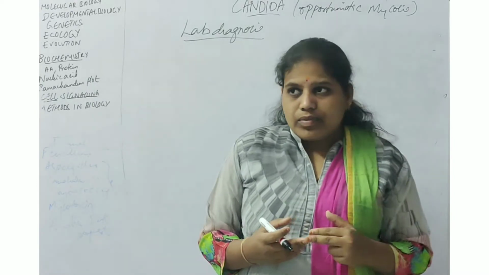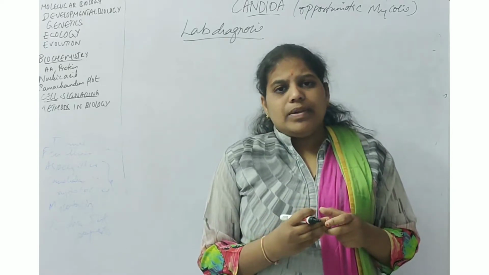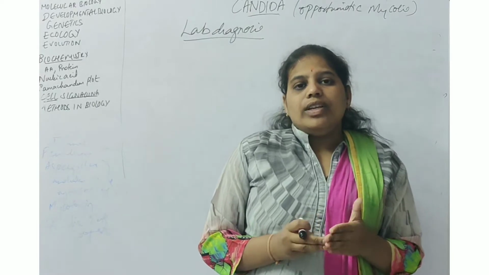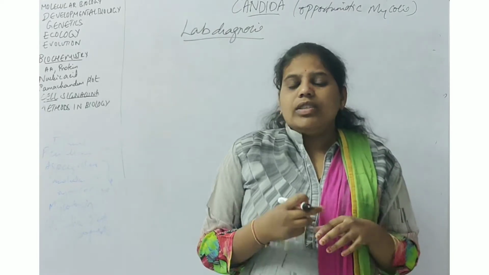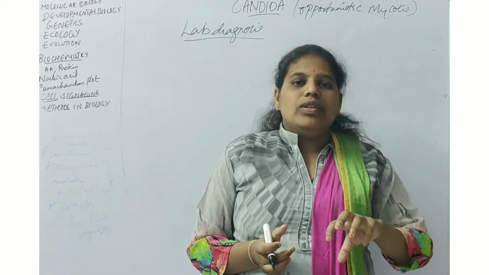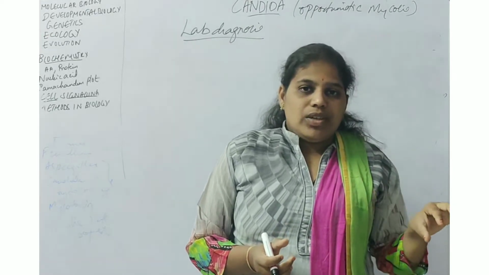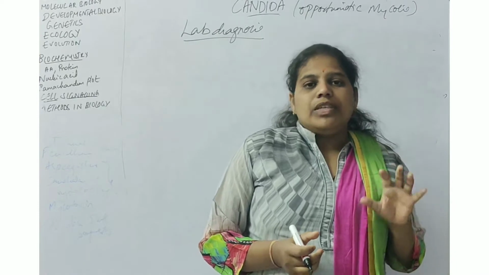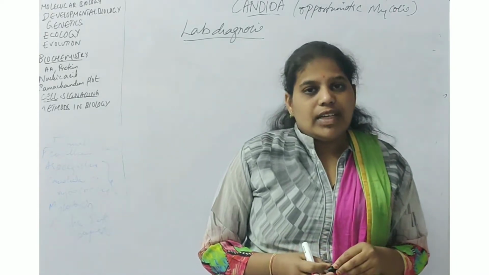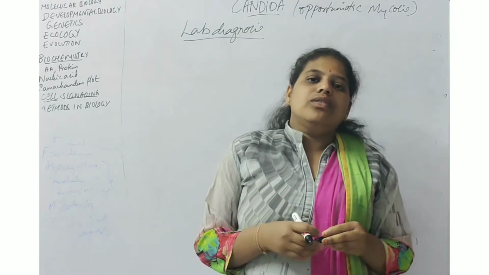After taking a sample, we can do a Gram staining or a KOH mounting. Even after direct microscopy, we have to grow the colonies in culture on SDA medium. Sabouraud dextrose agar is the medium used for fungal growth.